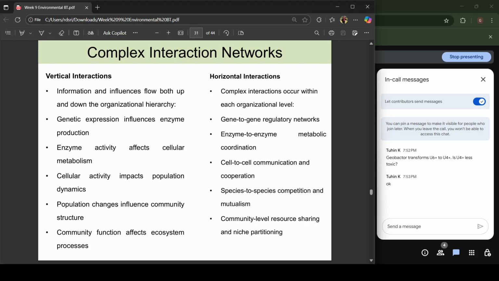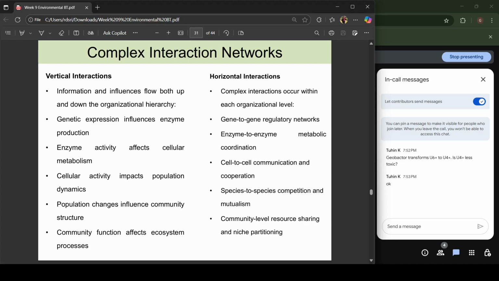So when we talk about multi-layer organizational structure, there is a complex interaction network between these layers, and that is the key phenomenon that is making us study the multiple layers. So what kind of interactions can we expect? We can expect vertical interactions and horizontal interactions.